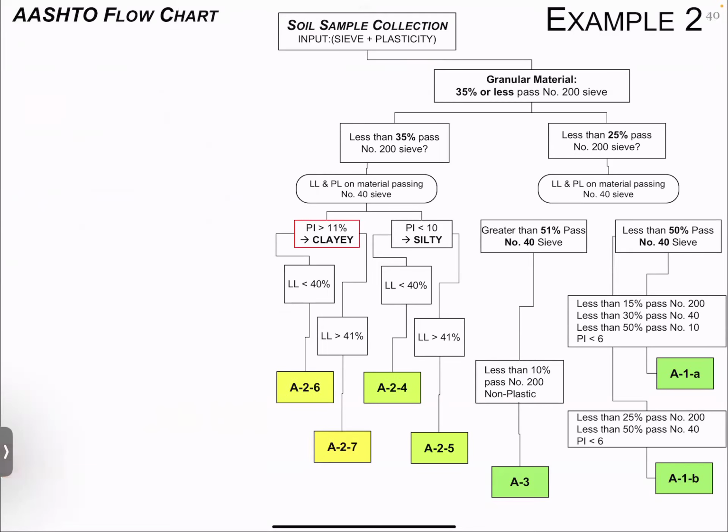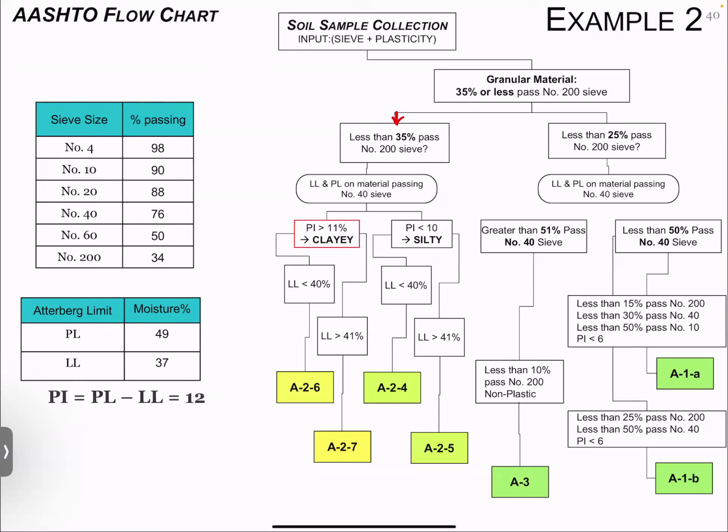So that's nice. And then we have to look, is it less than 25% or just less than 35%? Remember, it's 34% passing, which means we go this way. So it's greater than 25 and less than 35.